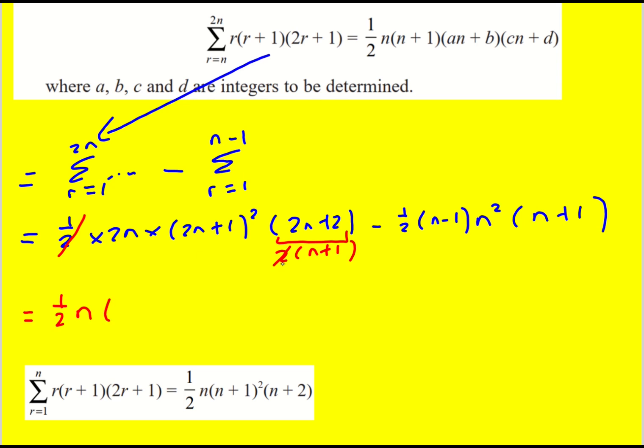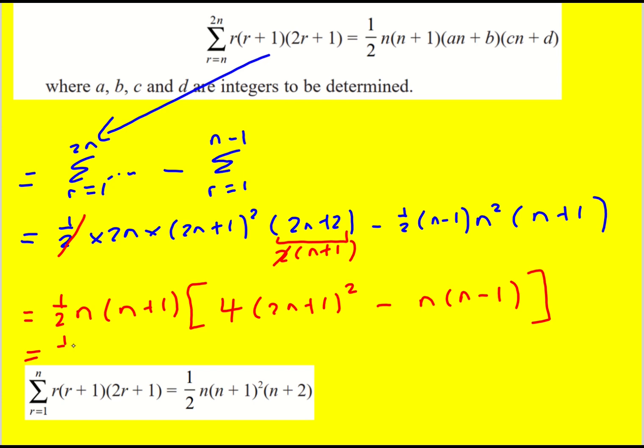And by cancelling this down, I can see that I've also got an n plus 1. Let's take out as much as we can. So that will actually leave me 4, because I'm taking a half out, I need to times by 2 on the inside, lots of 2n plus 1 squared minus n minus 1. Okay, that's a good first step.